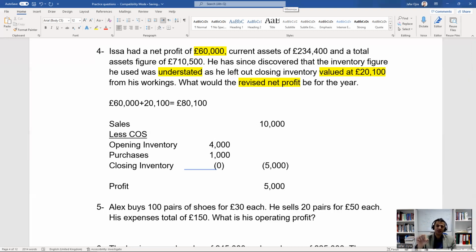Automatically, the profit reduces by 2,000. So in order to revise the net profit, we need to put 2,000 back here. This is how much we missed.